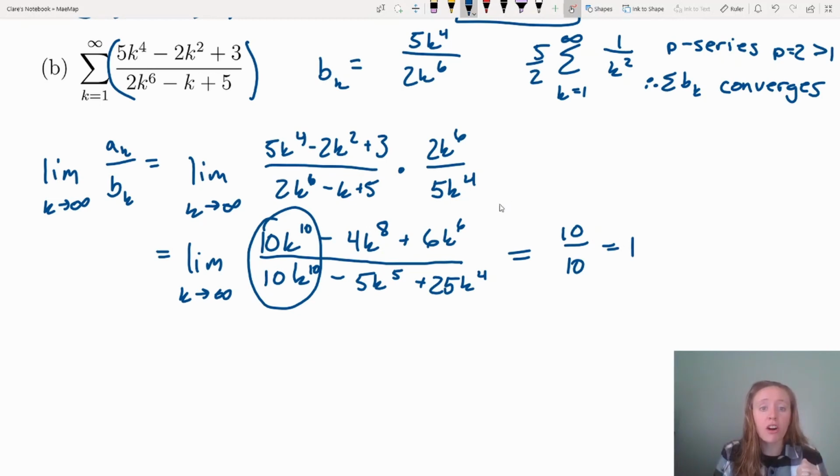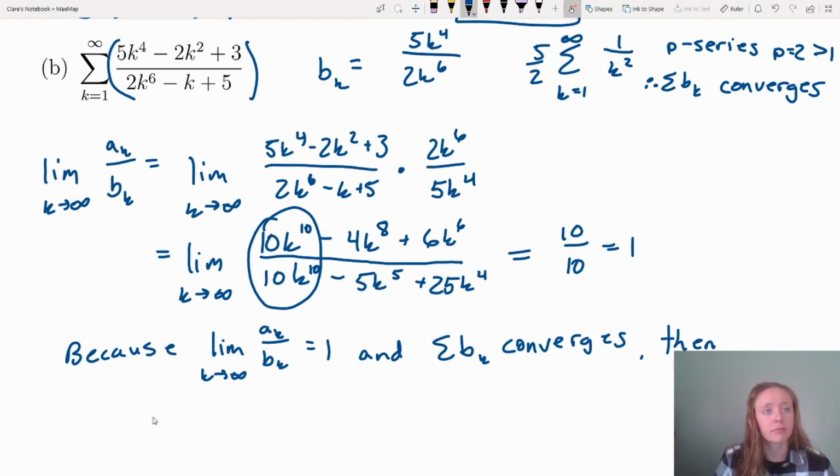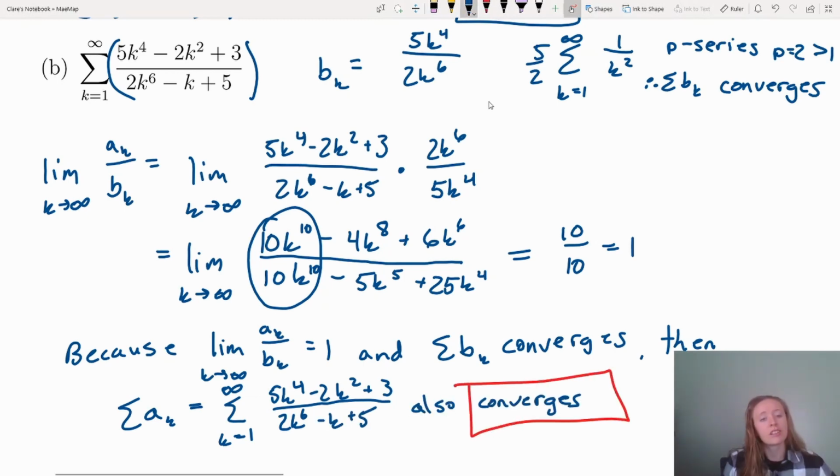So because we already showed that b sub k converged, and for my limit comparison test I got a value of 1, I know that a sub k, that series, is also going to converge. So, writing this out for you, we got converges in part B.